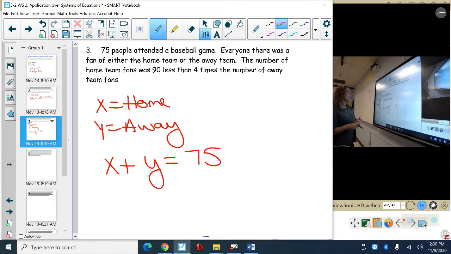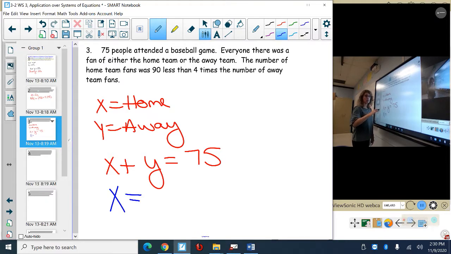The number of home team fans, okay, well my home team is X, was 90 less than 4 times the number of away fans. So X was, past tense of is, that means equals, 90 less than what? So the 90 goes at the end, 4 times the number of away fans. So that's going to be 4y.